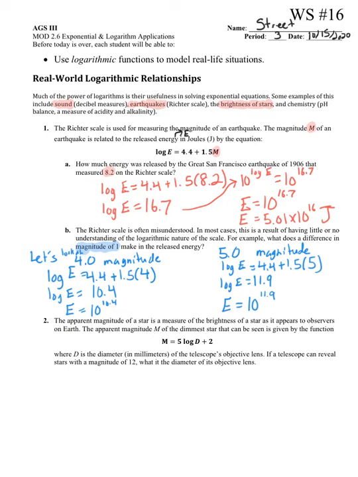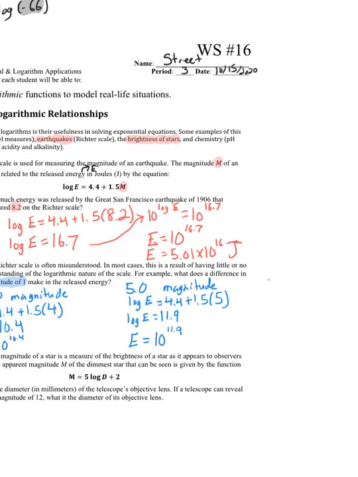Now I can plug that in and make it scientific notation, but for this particular problem, when I'm just trying to compare the two, I'm going to look at the energy of the 5.0 earthquake divided by the energy of the 4.0 earthquake, and really see what the difference is between the two. How much stronger is the 5.0?